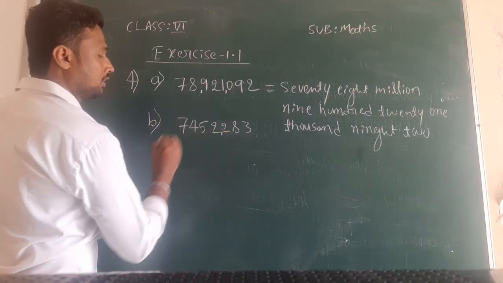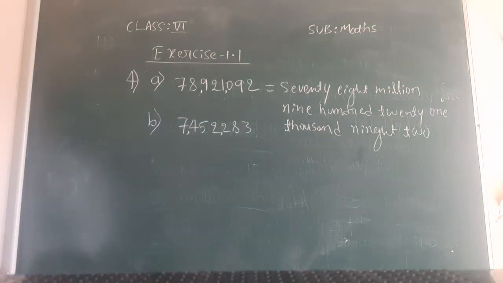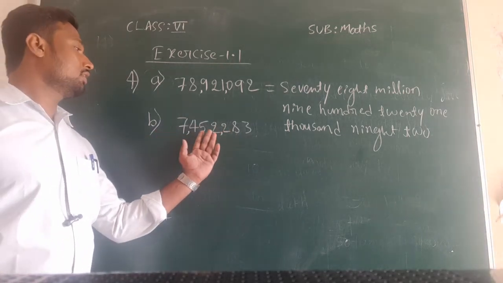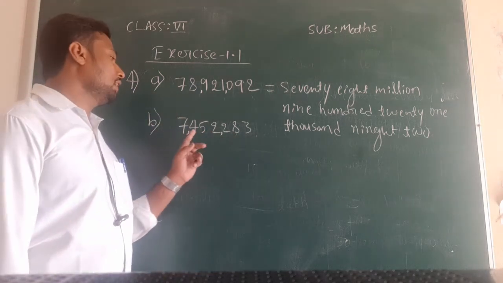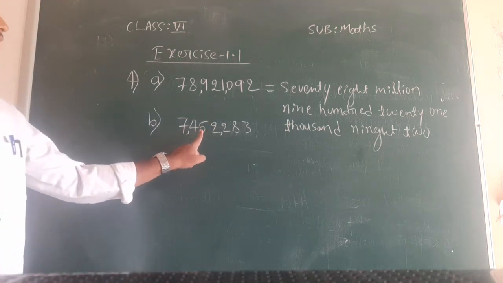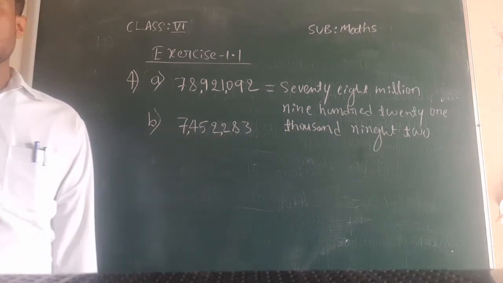Here for the next example also we will use commas. After the first 3 digits I will put a comma, and again after 3 digits I will put a comma. So now you can see 7 million. Here this is in the thousands position, this is in the millions position. 7,452,000. 7,452,283. This is how to write.